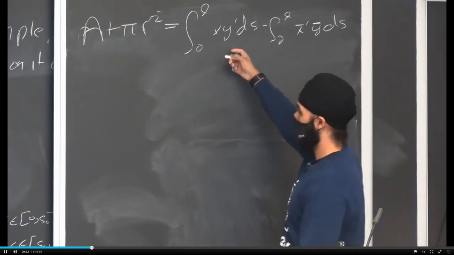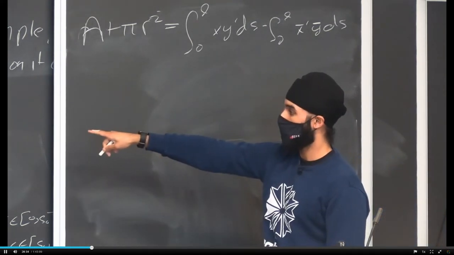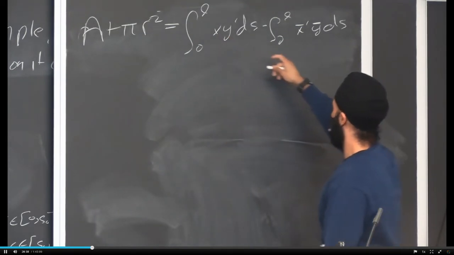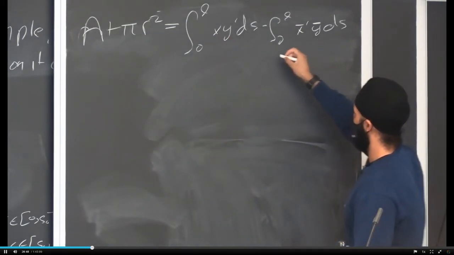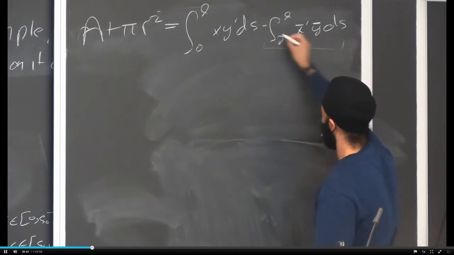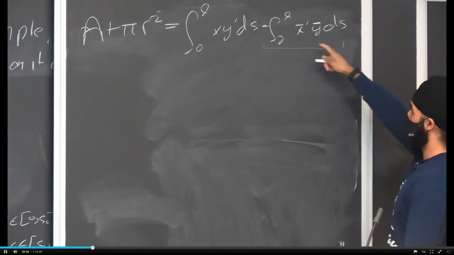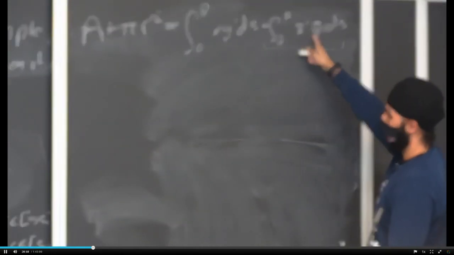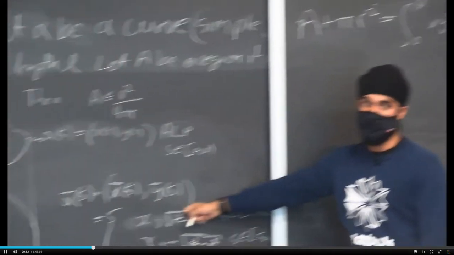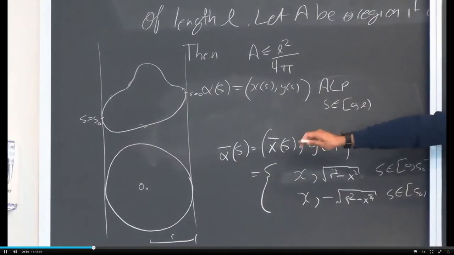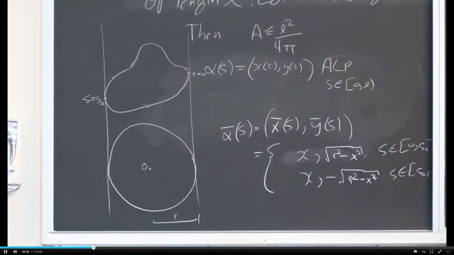This is the parametrization of the top figure, x and x prime. This is the area, this entire thing, even though there's a negative sign over here, this is the second formula I gave. So this is x bar prime, y prime, so that's why there's a negative. And the bar comes from this parametrization over here. They look similar, but the bar is talking about the circle, no bar is talking about the curve.